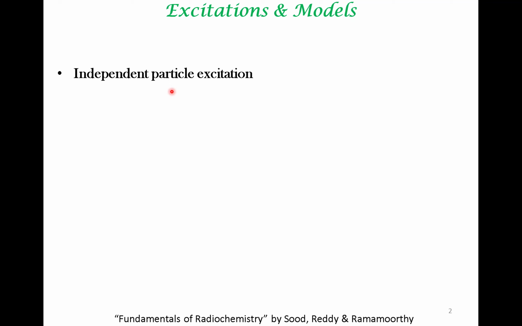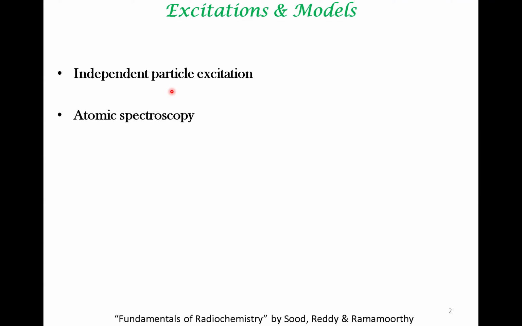So when you do atomic spectroscopy, that is, you excite an electron, a particular electron would go to an excited state, and the rest of the electrons are more or less not too affected by the presence of this excited electron.